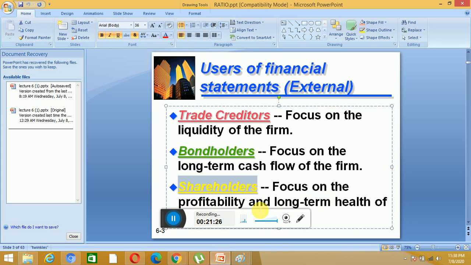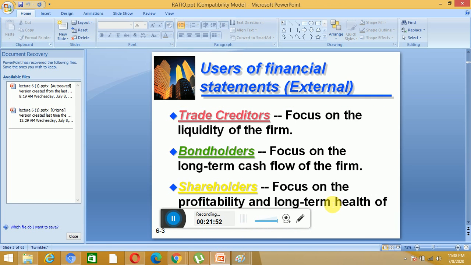Shareholders focus on the profitability and long-term health of the firm. When I am purchasing a share, I will focus on the profitability of the firm. If the firm is in profit, I will purchase the share of that company. But if the company is in losses, I will not purchase.